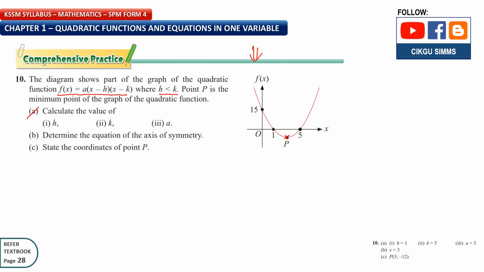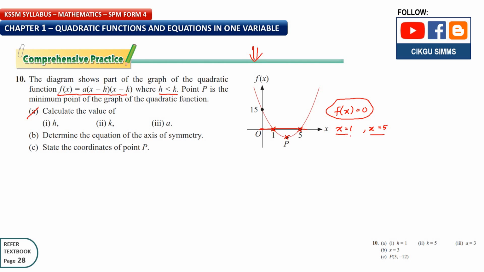So we can get many information from the graph. So we can get this are the roots, which is the value of x. So x is equal to 1, x is equal to 5. And this is when fx is equal to 0. When fx is equal to 0, okay, this function touches the x-axis at these 2 points.